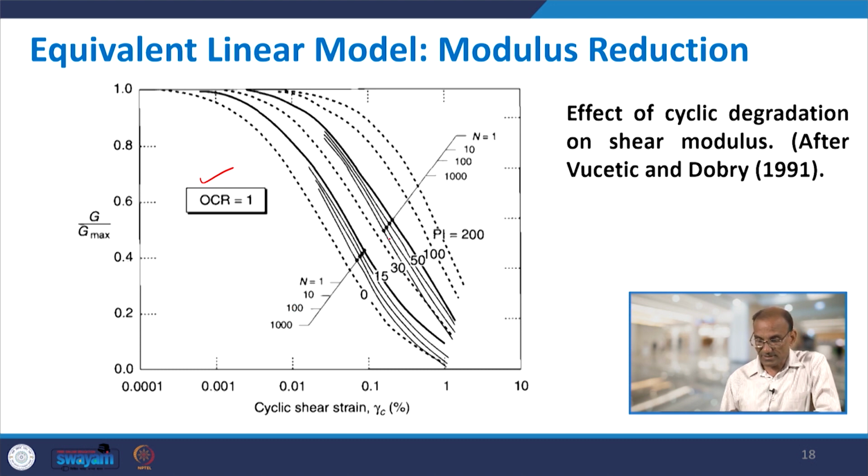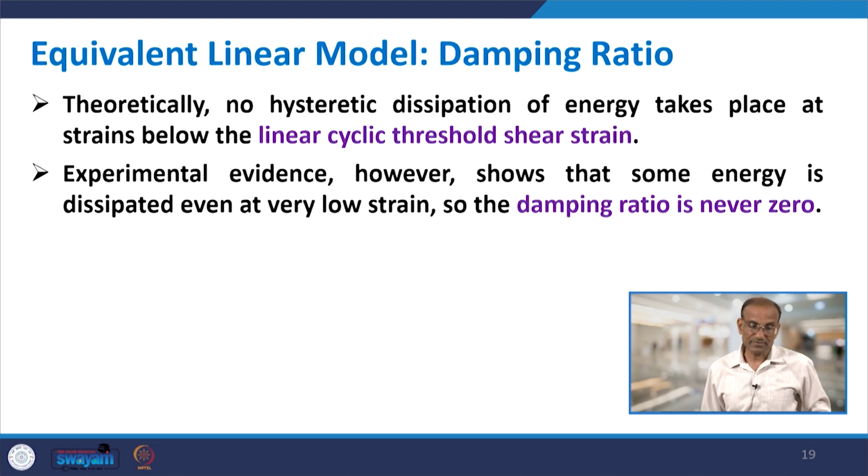For 30 again there is 1 curve, and for PI equal to 50 again you have 4 curves. So, the effect of the degradation is shown for PI equal to 15 and PI equal to 30. As you can see, the curve for n equal to 1 is this one, and when the value of n is increasing, you get higher degradation, that is, G by G max decreases. This was given by Vucetic and Dobry.